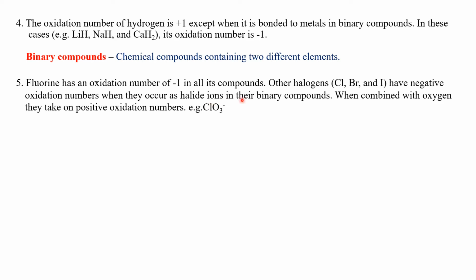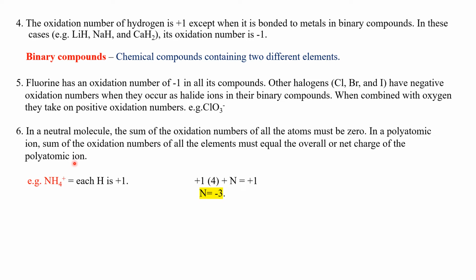Chlorine's charge added to that is equal to the net charge on the ion, -1. So chlorine becomes +5. So in binary compounds the charge on these halogens is -1, except when chlorine is combined with oxygen, then they become positive oxidation numbers, +3, +5, +7, and so on.